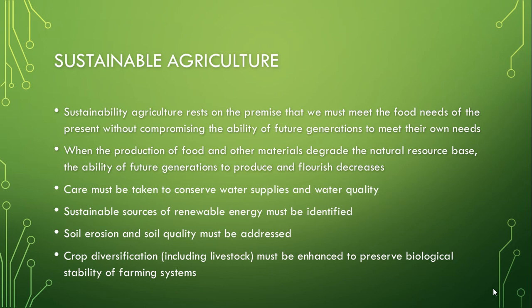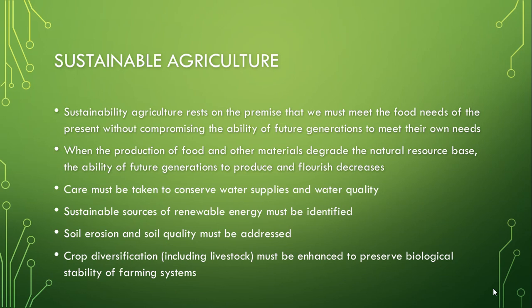Let's look briefly at sustainable agriculture. Sustainable agriculture rests on the premise that we must meet the food needs of the present without compromising the ability of future generations to feed themselves, to meet their own needs.